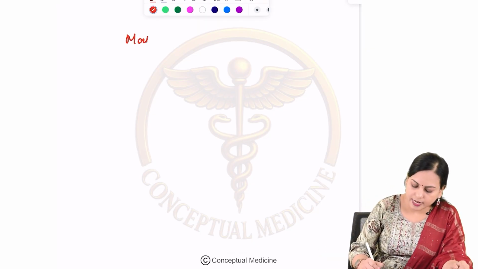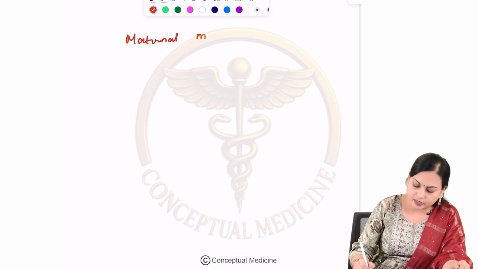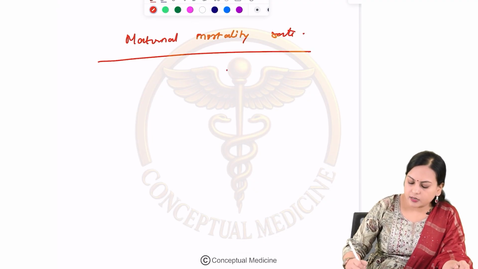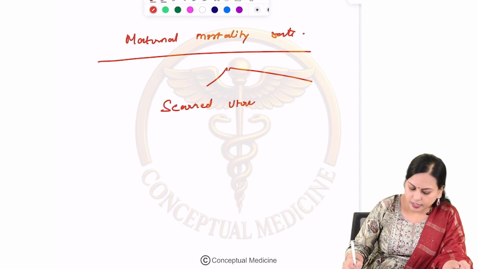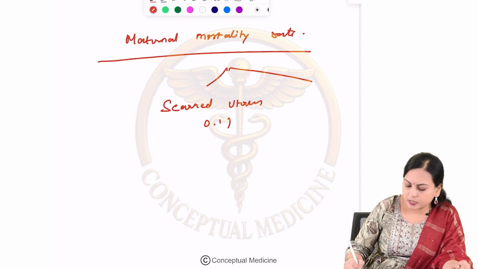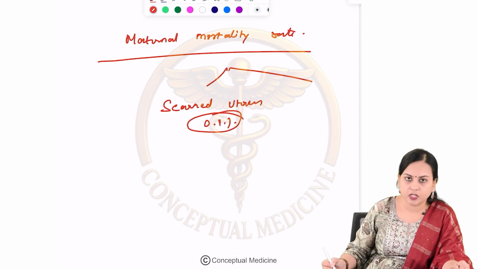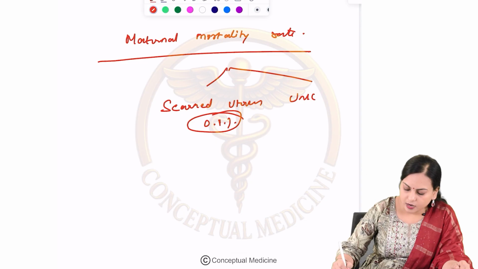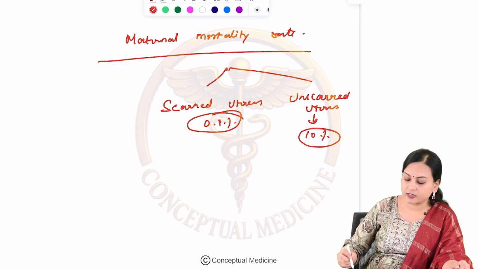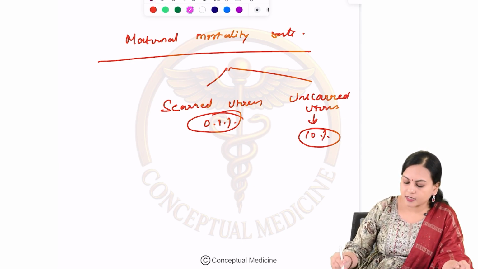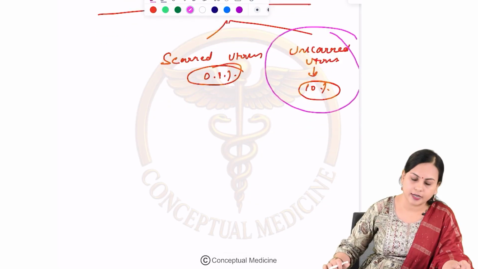So, when you take maternal mortality rate in scarred uterus, it is about 0.1% only. Okay. Whereas in unscarred uterus, this rises to 10%. See, the risk is more with unscarred uterus. Clear?